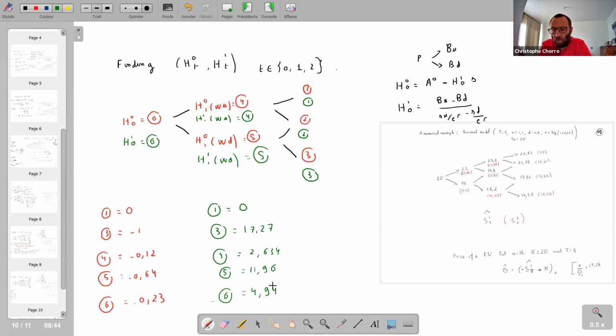So it's not more complicated than this. Just the last remark: be careful, because in the examples we have seen together, the U and the D and the exponential of R are the same for all the sub-models of size 1. If I change this, it changes nothing to my methodology.